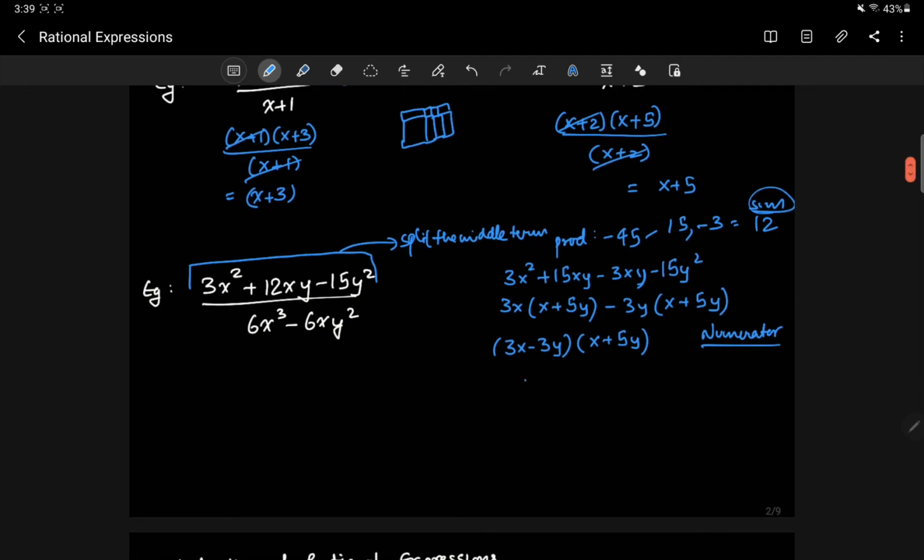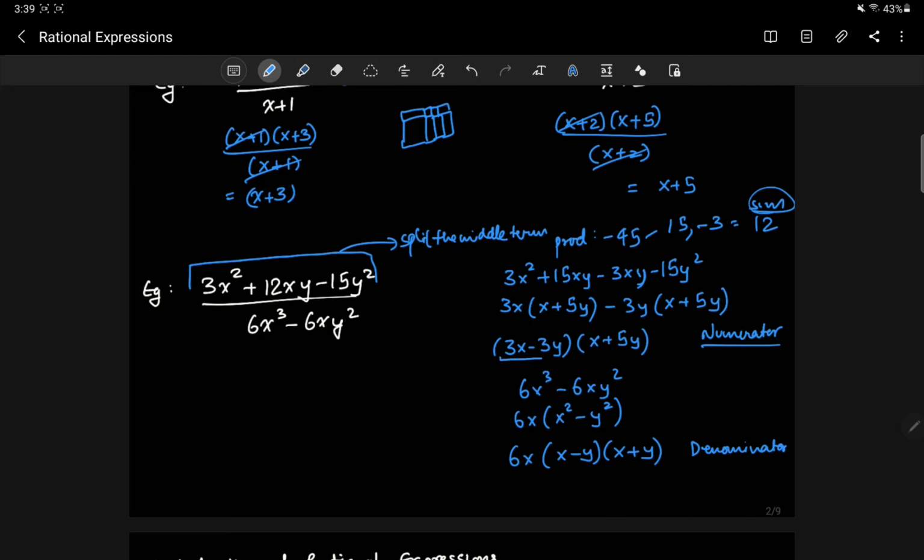Whereas for the denominator, it's only 2 terms, so it's more straightforward because it's 6x and then x squared minus y squared, and that becomes x minus y and x plus y using difference of squares. Right.